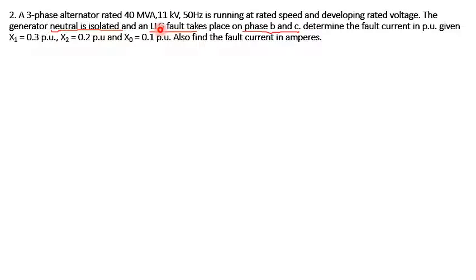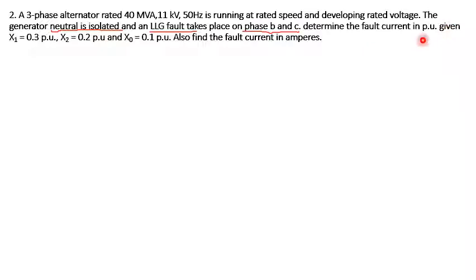When we look into the double line to ground fault, you should imagine what the sequence diagram is and what the expression for the fault current is. We need to determine the fault current in per unit.